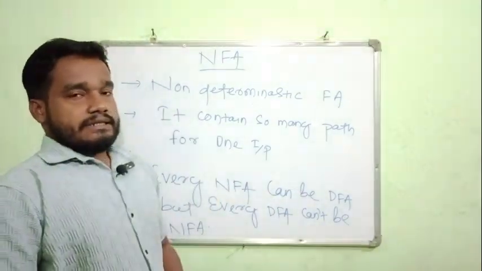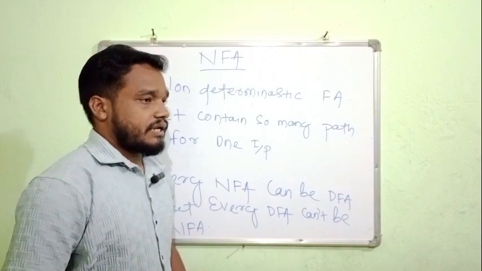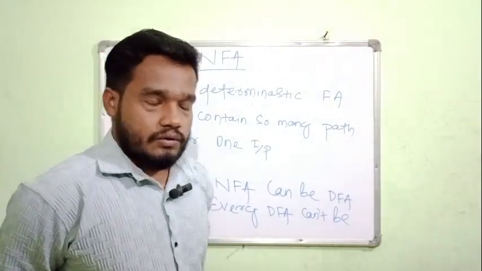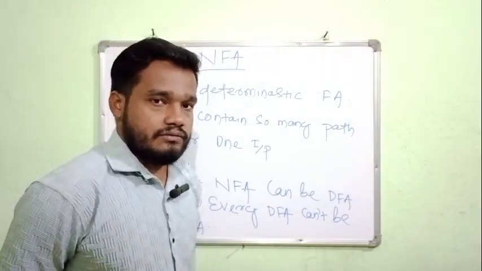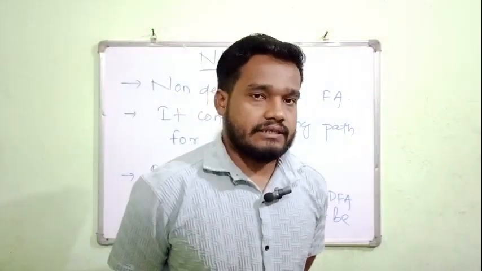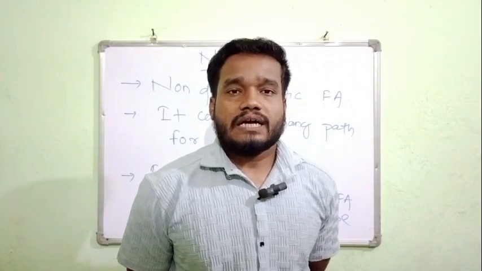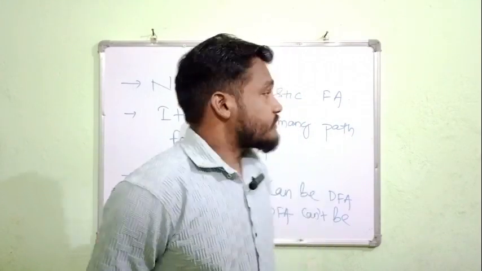These are the characteristics, or we can call them properties, of NFA. NFA supports null value. It accepts null value, but in case of DFA, you will never get the option of null value acceptance.